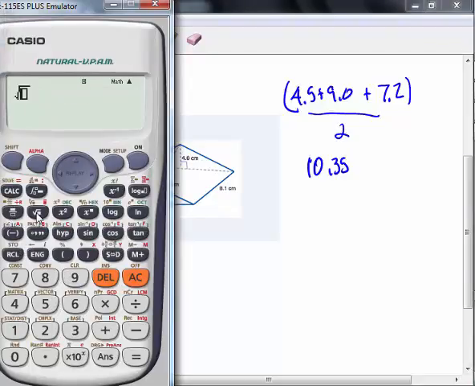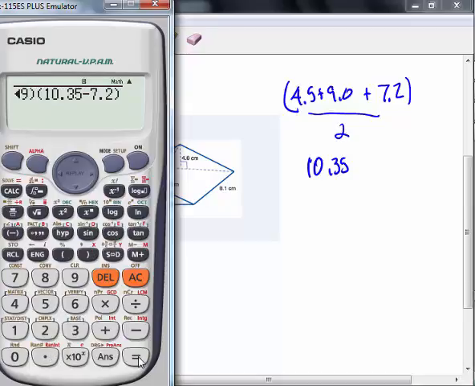So we would take the square root of the semi-perimeter, 10.35, times the semi-perimeter minus each of the 3 sides: 10.35 minus 4.5, times 10.35 minus 9, times 10.35 minus 7.2.